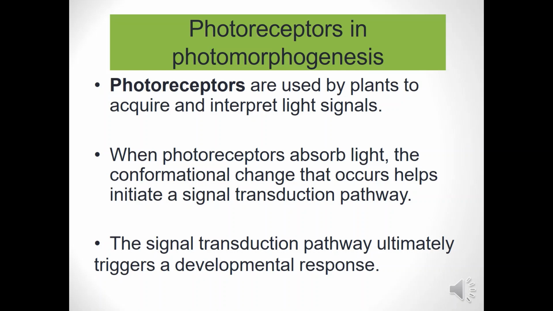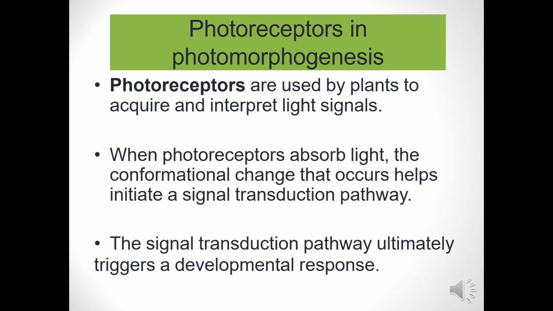Just imagine that for photosynthesis, they require the pigment to absorb the light. For photomorphogenesis, they require the photoreceptor.